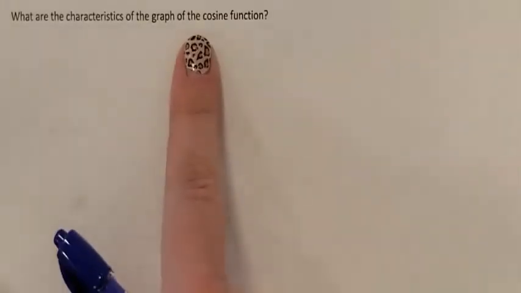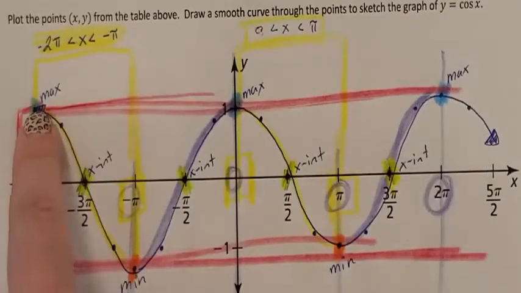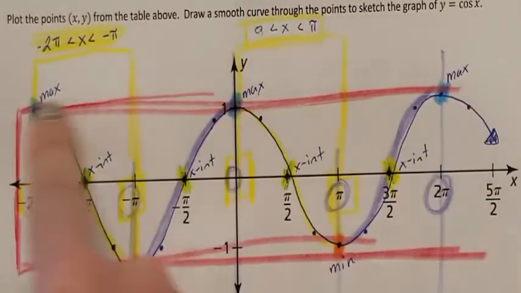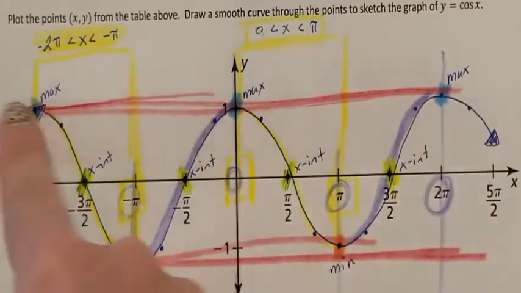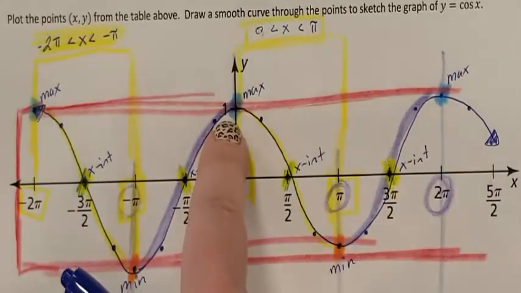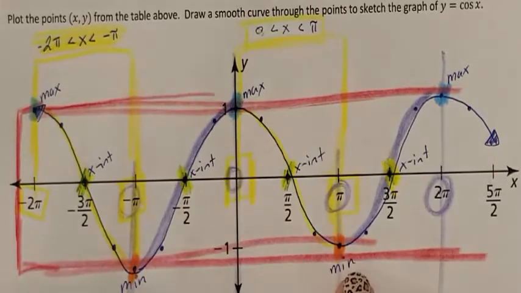So what are some characteristics that we observed of the cosine function? I observed that all of my maxes are at the same value, and that same value just happens to be 1. I observed that my minimums are all at the same exact value, which happens to be negative 1.